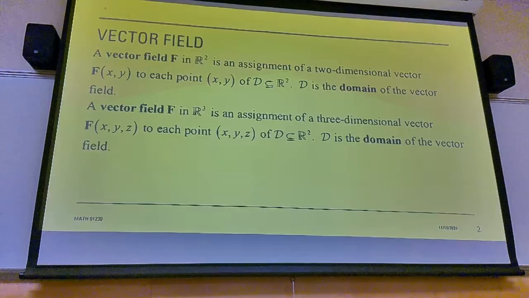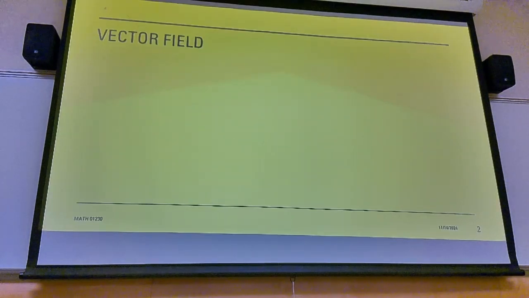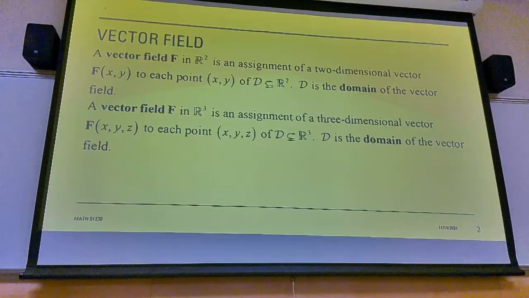For the vector field in the third dimension, the domain, is that supposed to be R3, or should that still be R2? That should have been R3. By the way, we've already seen vector fields.